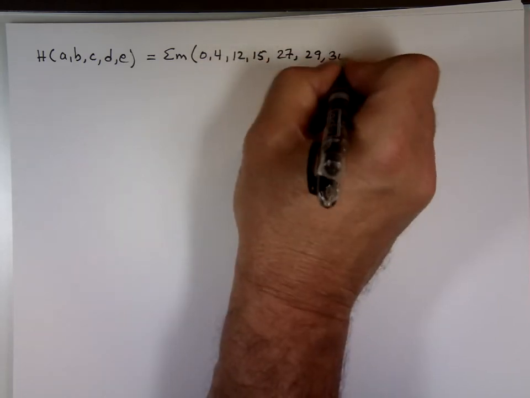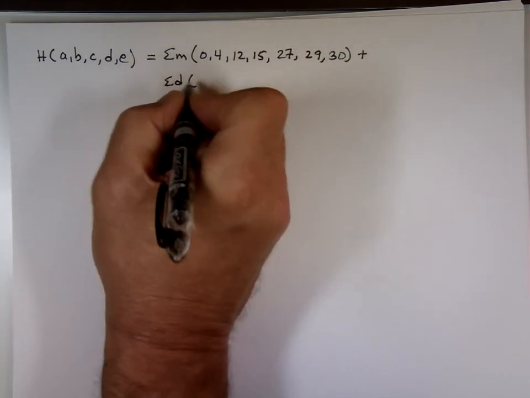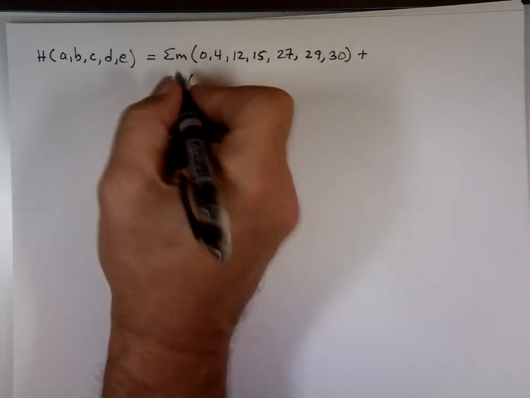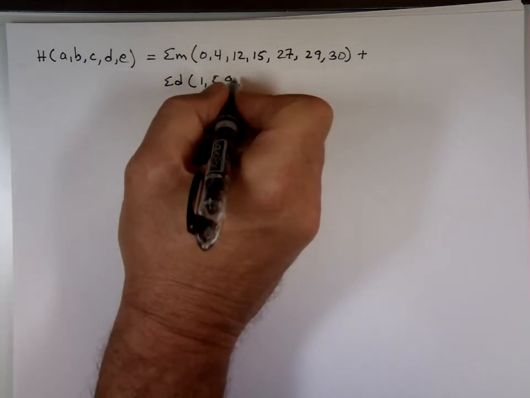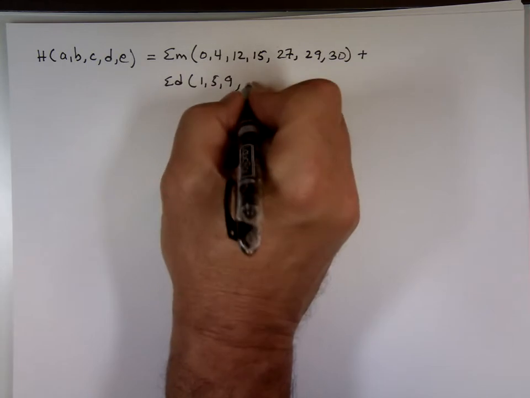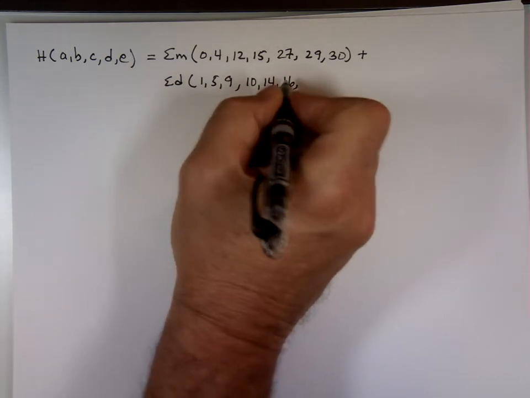Add to it the don't care at 1, 5, and 9, 10, 14, 16, 20, 28, 31.